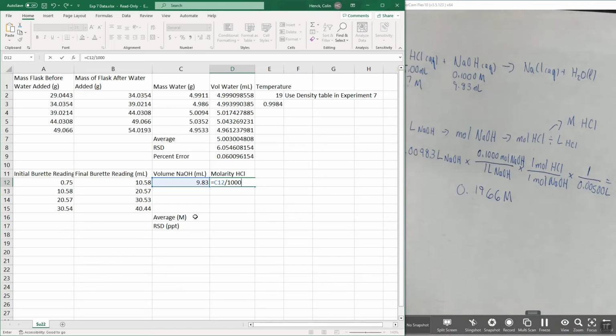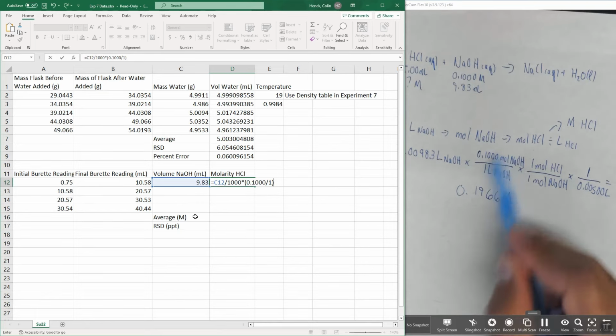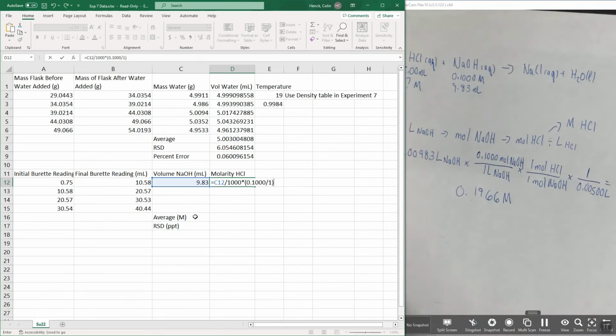Now, if you prefer, you can do times 0.1000 over 1. So I just plug this whole value in, times 1 over 1. So I'm just going to put in parentheses, 1 divided by 1. It's not necessary to put in parentheses, but I'm going to do that. Times 1 over 0.00500.